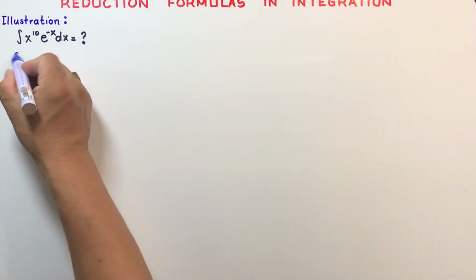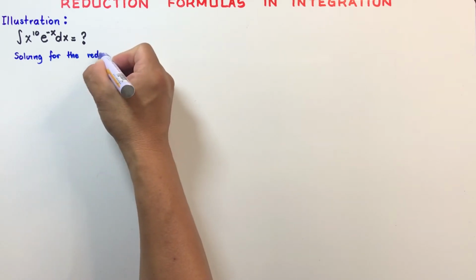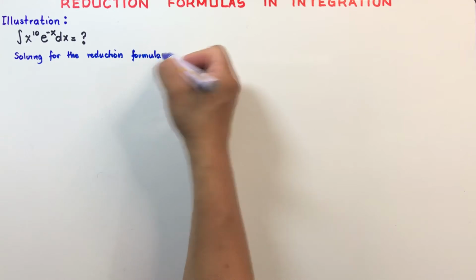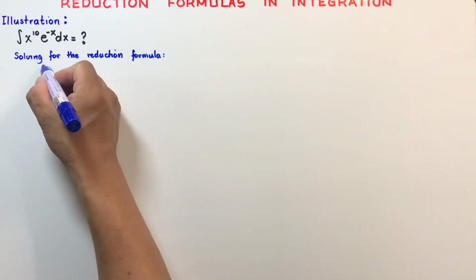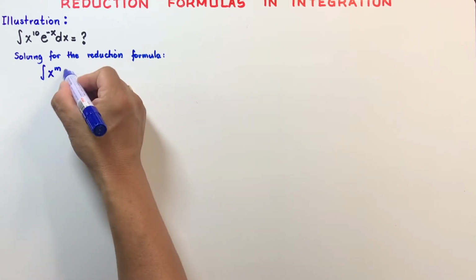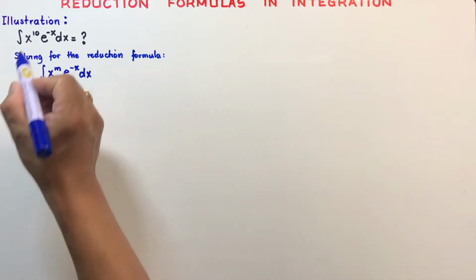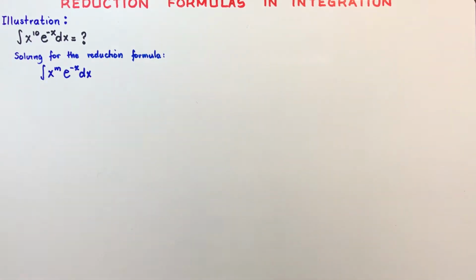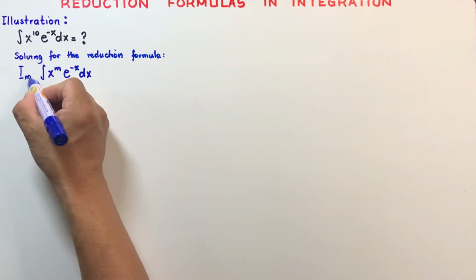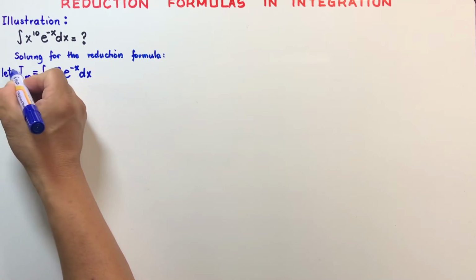So solving for the reduction formula, we have to generalize this integral as x to the power m times e to the negative x dx here. So we generalize this 10 as m exponent and we call this integral I sub m. So this is our representation.